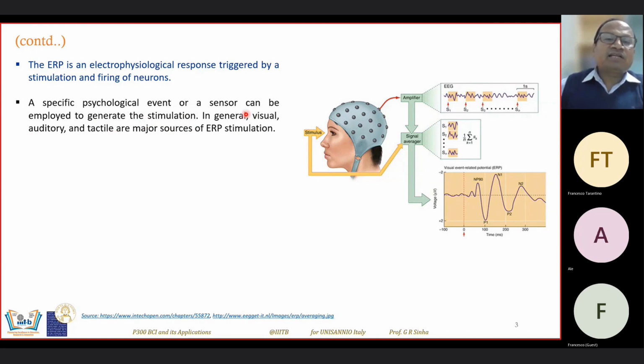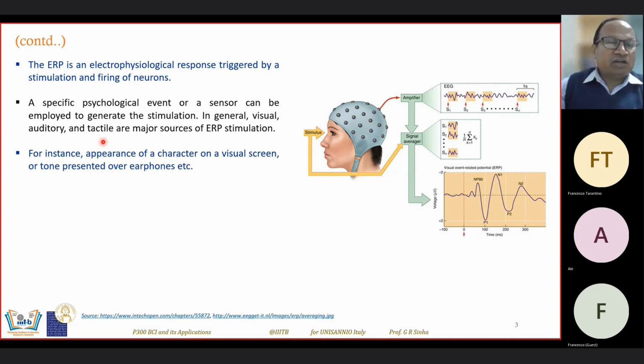We can create some visual impact in front of the eyes. We can produce certain sounds, and that can give the stimulus to the ears. Some tactile stimulus, maybe, a person can be asked to touch something and experience the feeling of touch, and it will produce a certain reaction in the brain, and that has to be recorded.